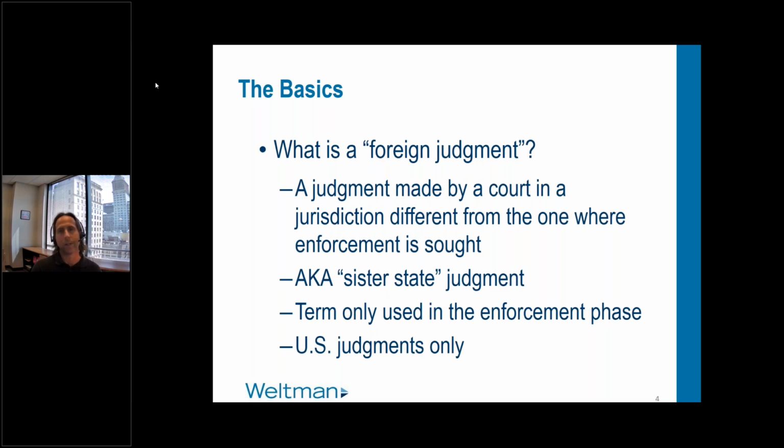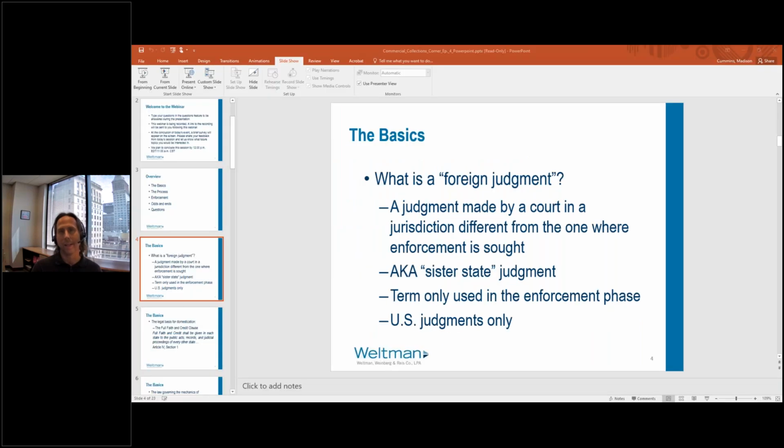For purposes of the term foreign judgment, we are only talking about US judgments. When you hear foreign judgment, it's easy to think about foreign countries. And we actually will touch on that near the very end. There is something separate for the recognition and domestication of foreign country judgments, but for the majority of this webinar, we are just talking about United States judgments.